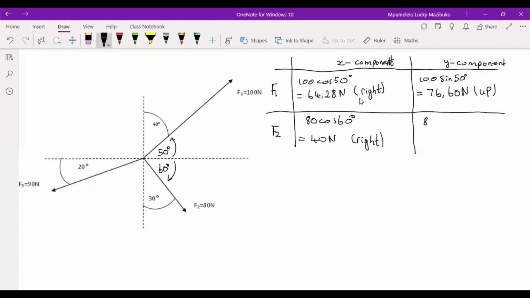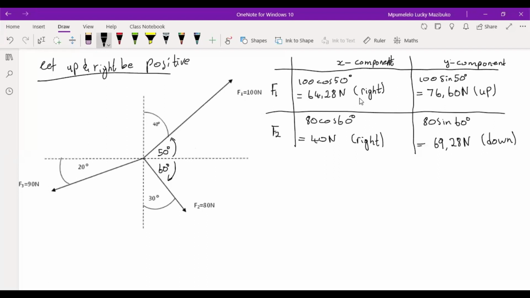And this one will be 80 sine 60 degrees, and you get 69.28 newtons down. Let up and right be positive, just a disclaimer there. I'm working with that.